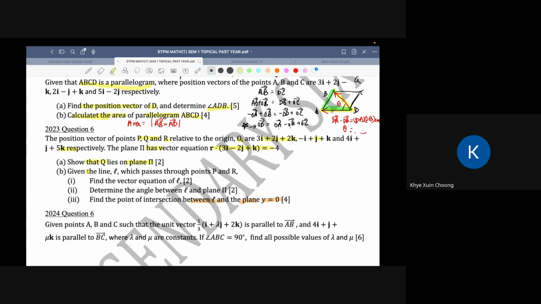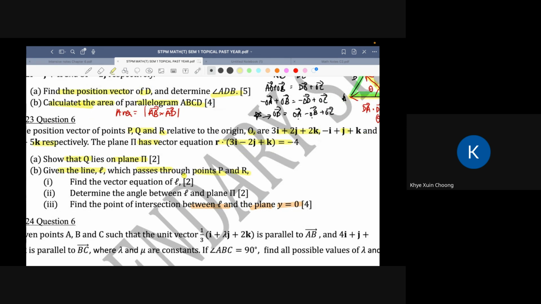Given the line L, which passes through the points P and R, find the vector equation of the line. The line has two points lying along it. With this, you can find the vector equation. You use either one of the points as the position vector. Let's say I use P as the position vector.